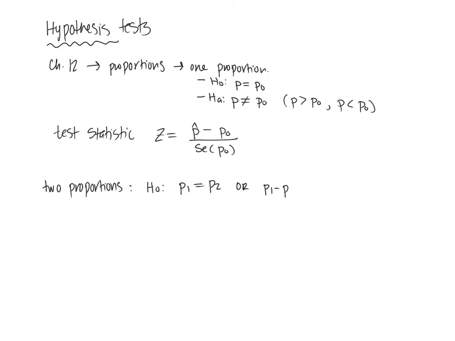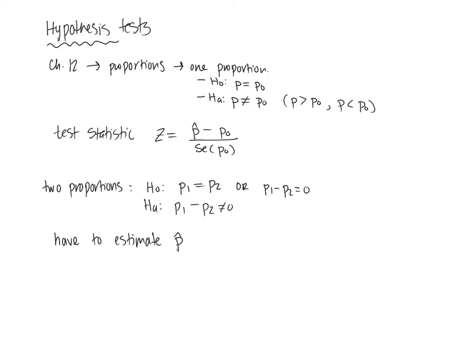P1 minus P2 equals 0. And HA was that they're not equal, or there's a greater than, or a less than, one of the two. And the funny thing here is you have to estimate what your book called P hat, which is the value at which those two things are equal.